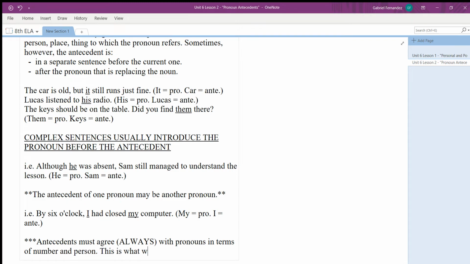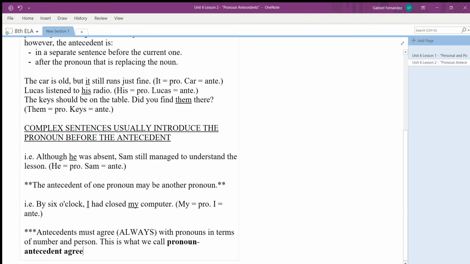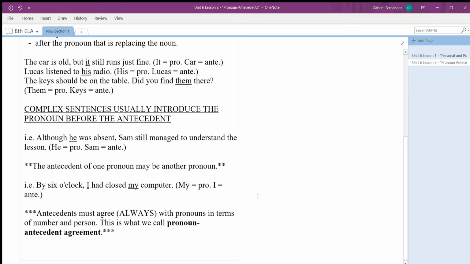This is what we call pronoun antecedent agreement. Okay? They must agree in number, they must agree in person. If we are talking about gender, it must also agree there too. Okay? Masculine.